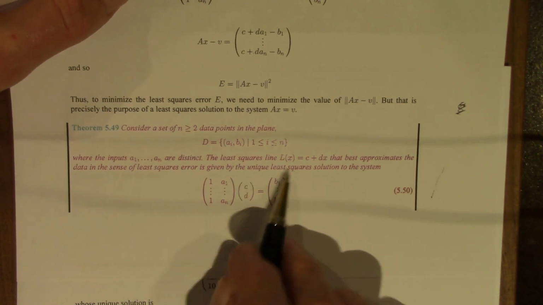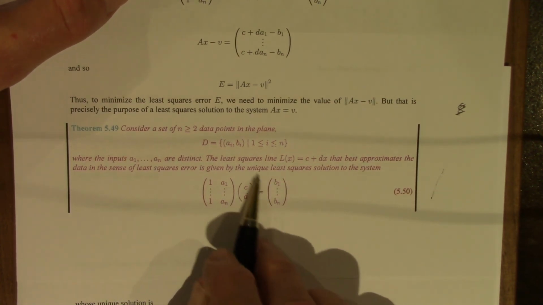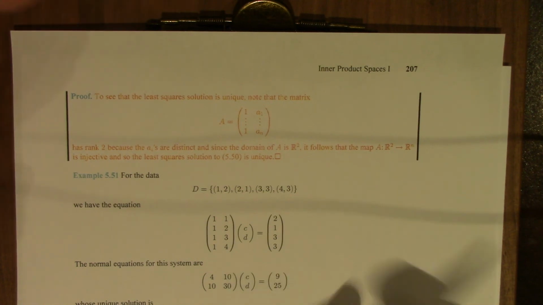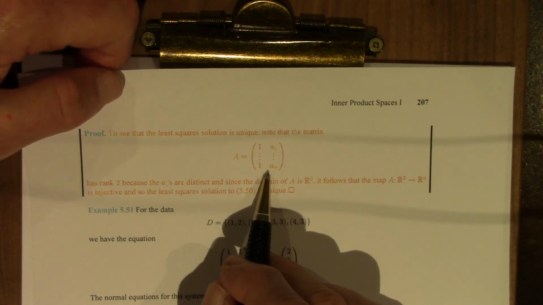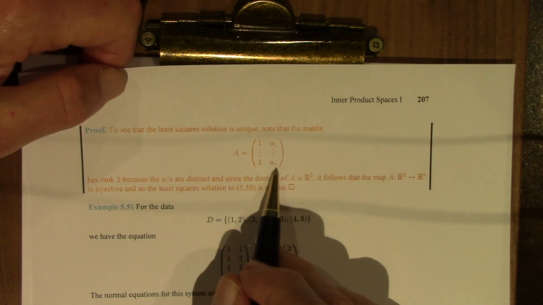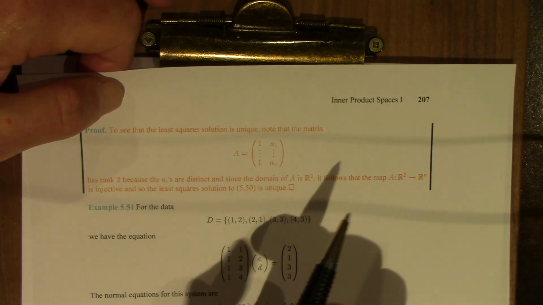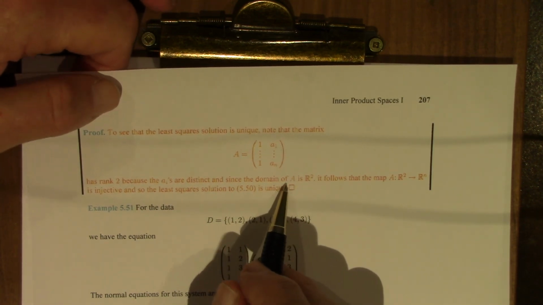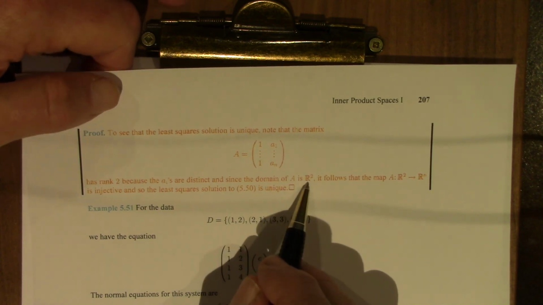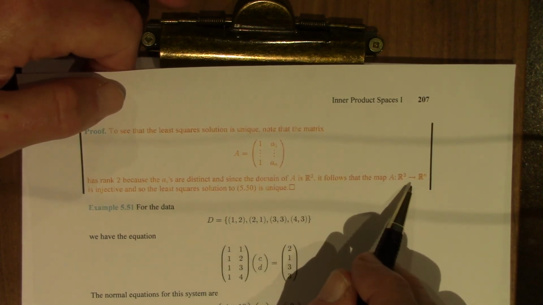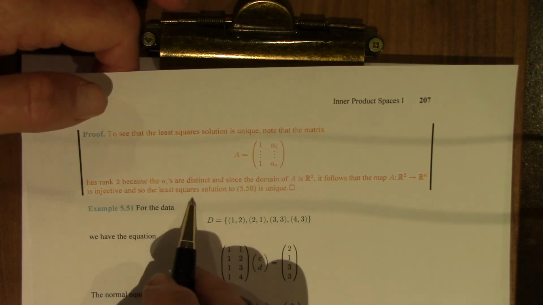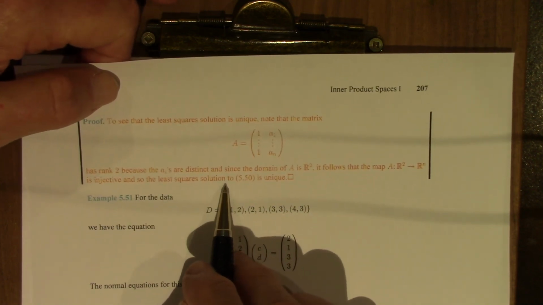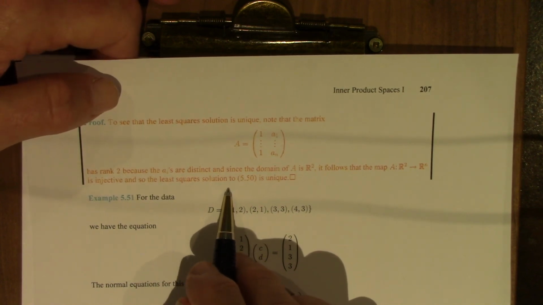We have to prove that the least squares solution to this system is unique. But this matrix A of coefficients in the system has rank 2 because we're assuming the a_i are distinct. And since A maps R^2 to R^n, it's injective. And so any system, including the least squares system, if it has a solution, which it does, that solution must be unique.